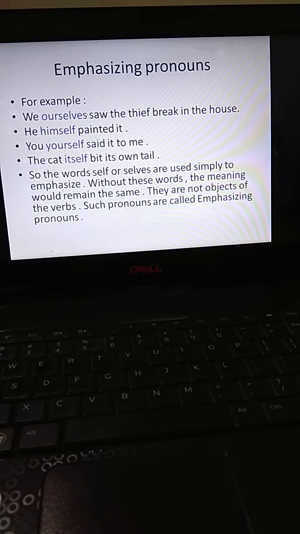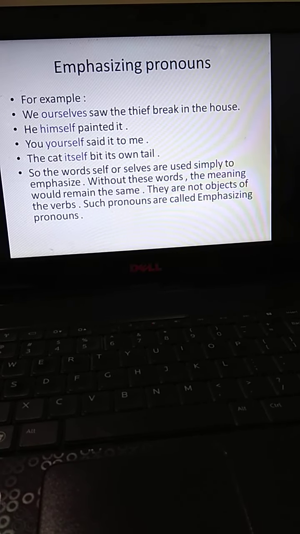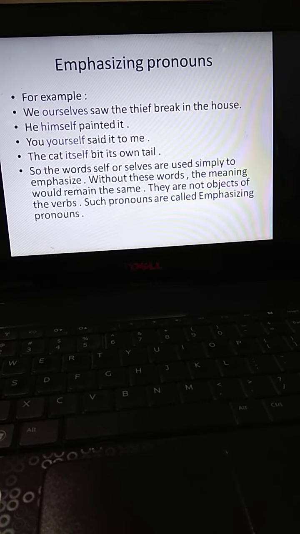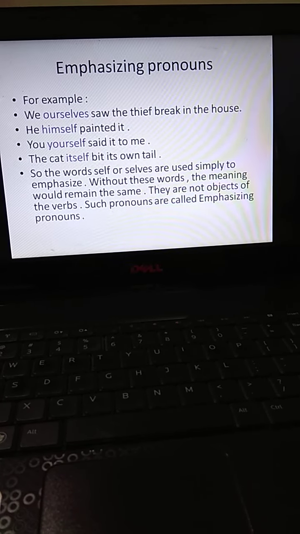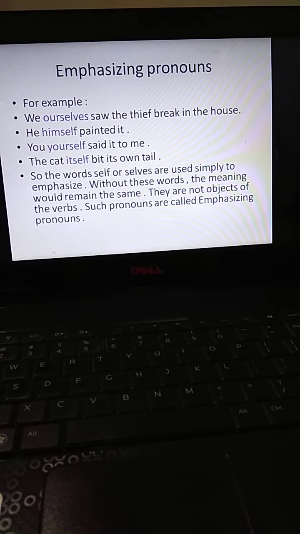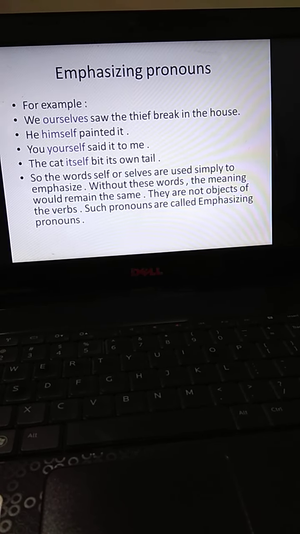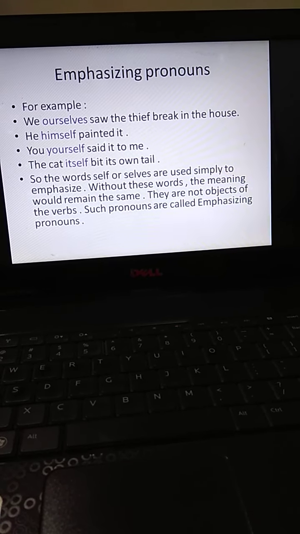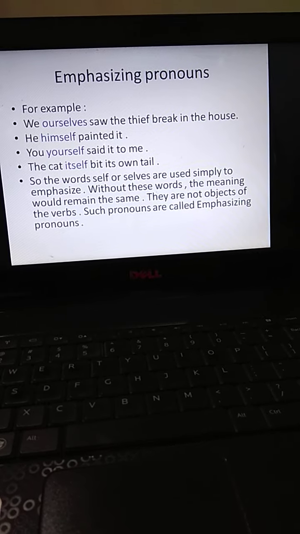So the words self or selves are used simply to emphasize. Here, emphasize means to give special importance or value to something in speaking or writing.